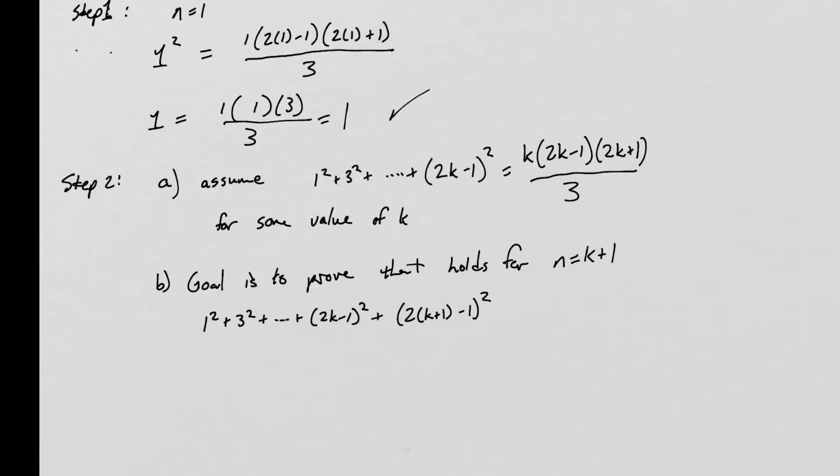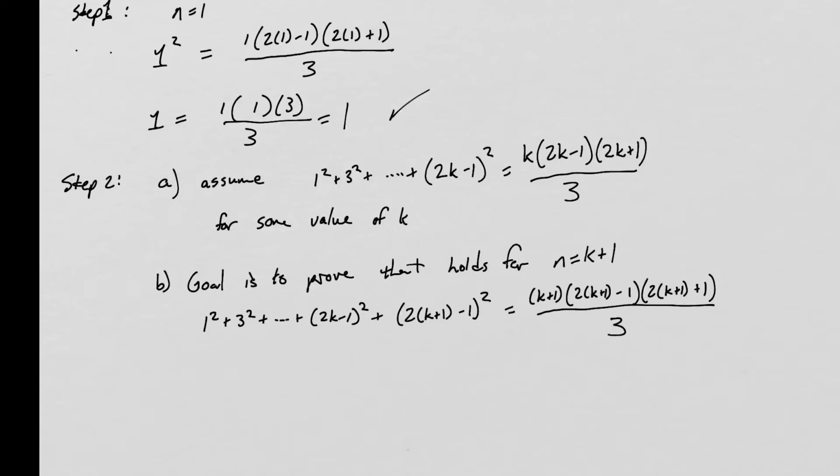So we're not ending at k, we're ending at the k plus 1 term, is equal to k plus 1 times 2 times k plus 1 minus 1 times 2 times k plus 1 plus 1, all divided by 3.